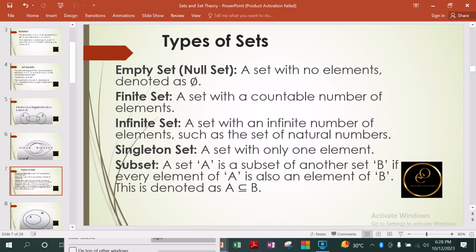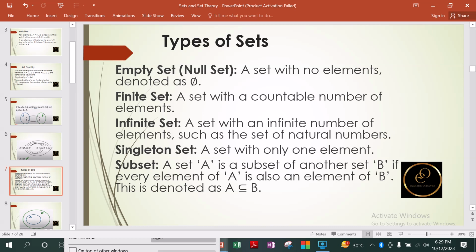A set without any elements is denoted by the Greek symbol phi. Then we also have a finite set. That's a set with a countable number of elements, a number of elements which you can count. So that is a finite set.